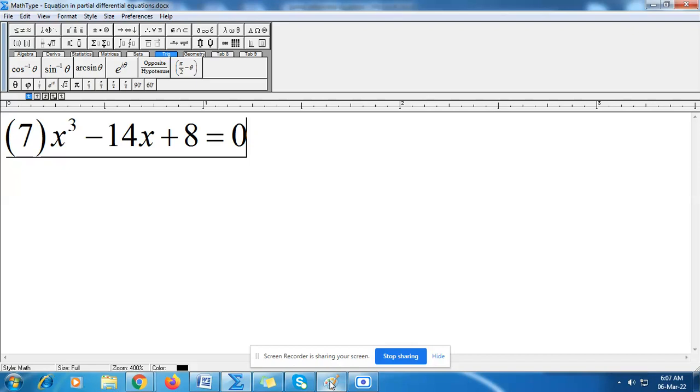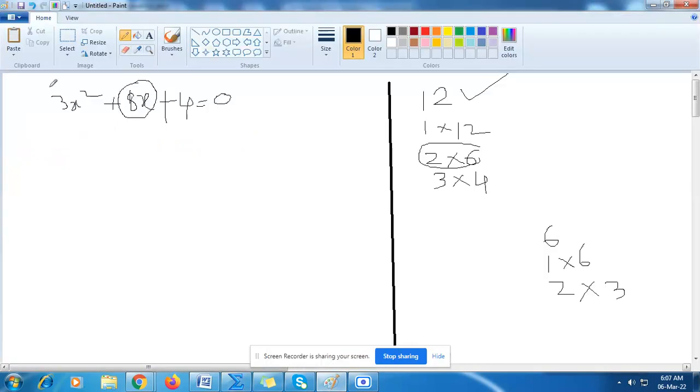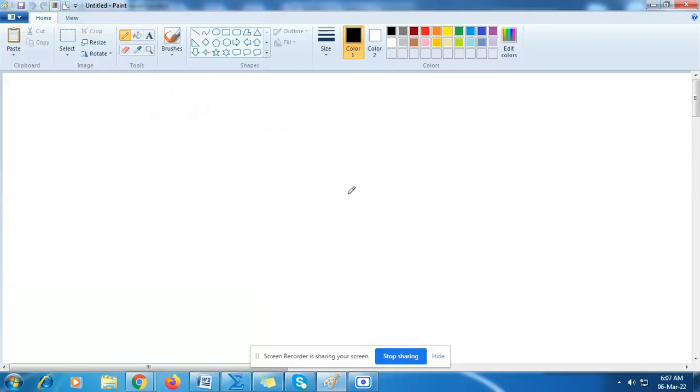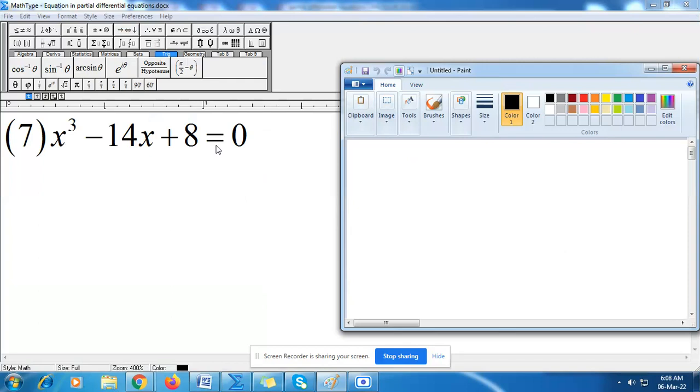That is, x cube minus 14x plus 8 equal to 0.